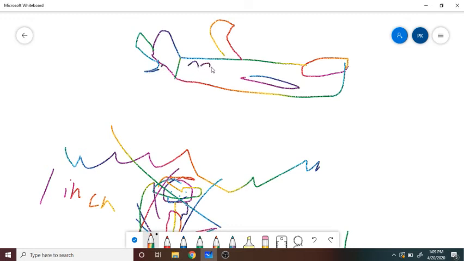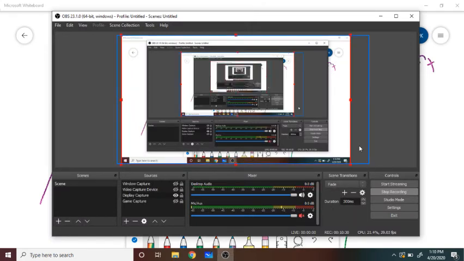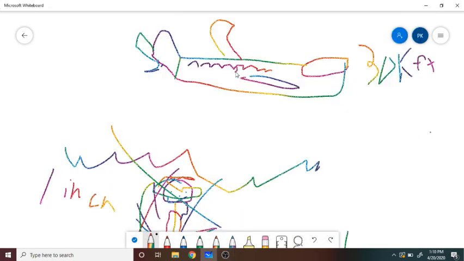All these windows here, and the plane is at 30,000 feet.